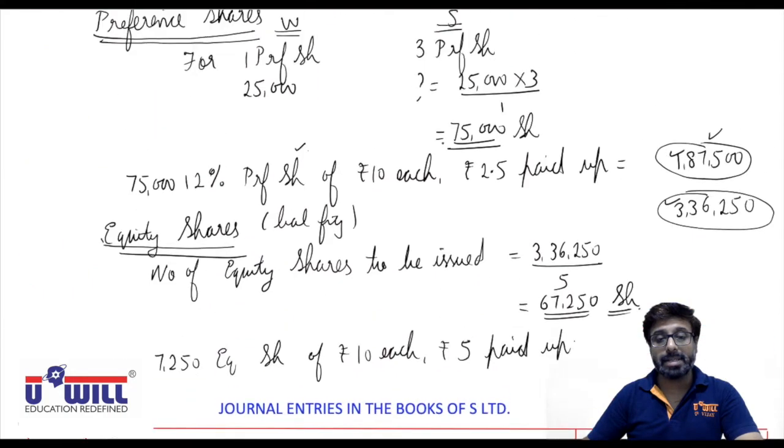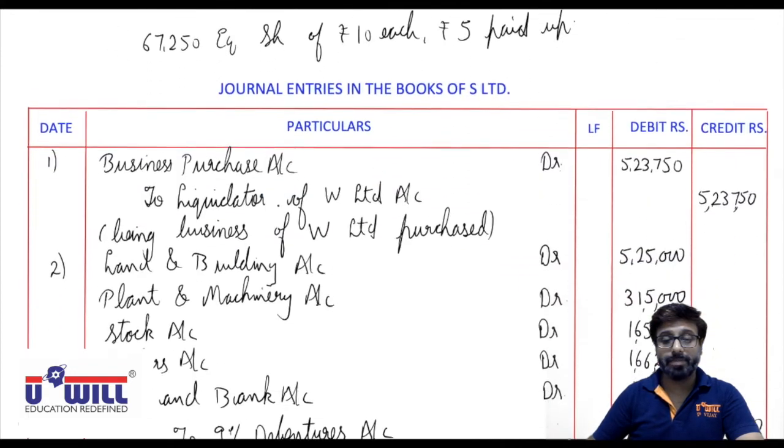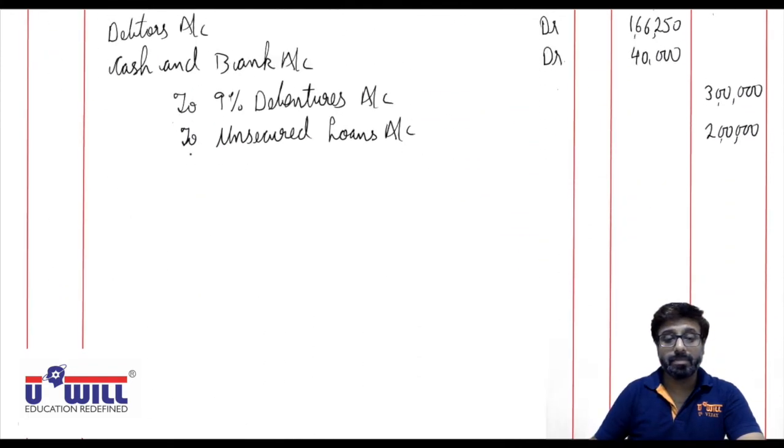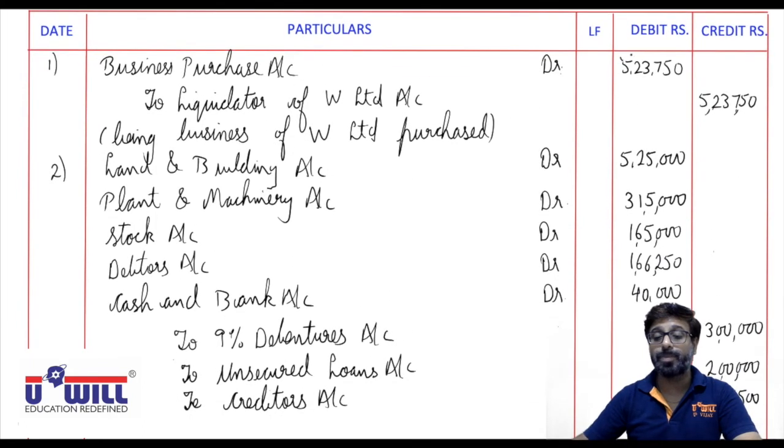Then to creditors account 187,500. And lastly to business purchase account with the purchase consideration of 523750.